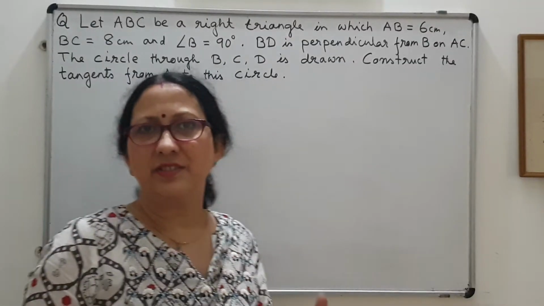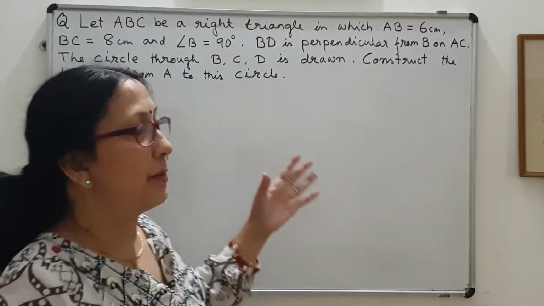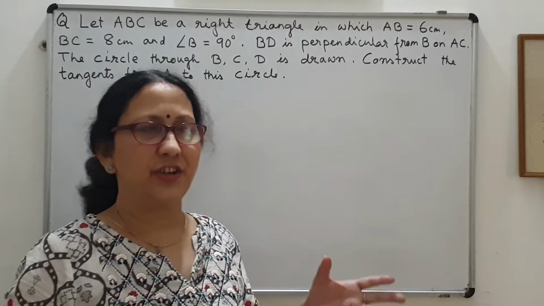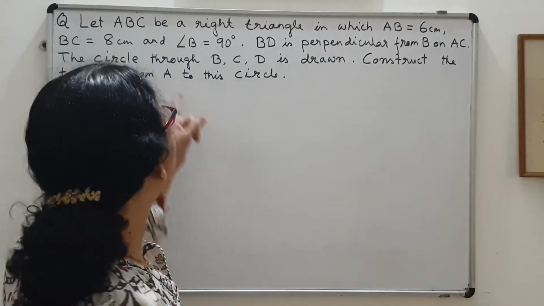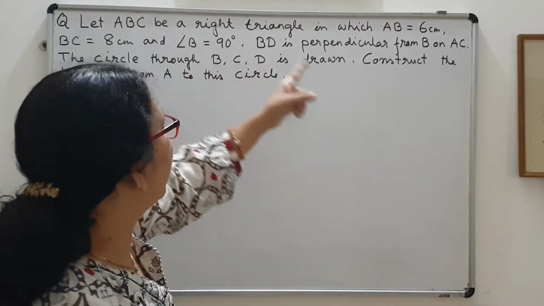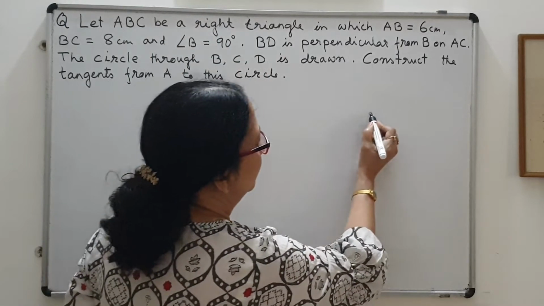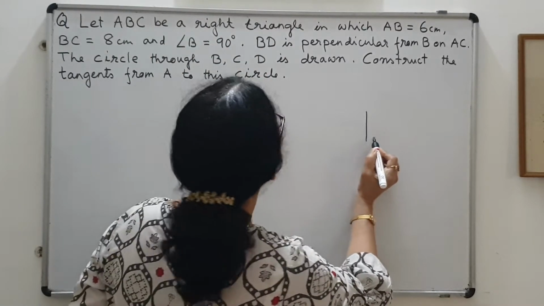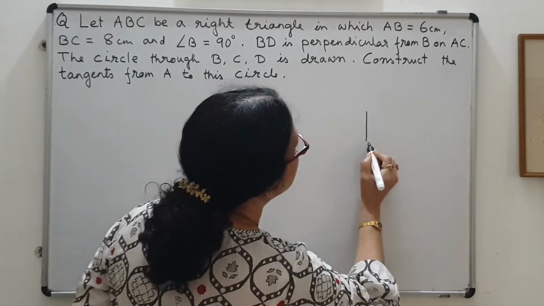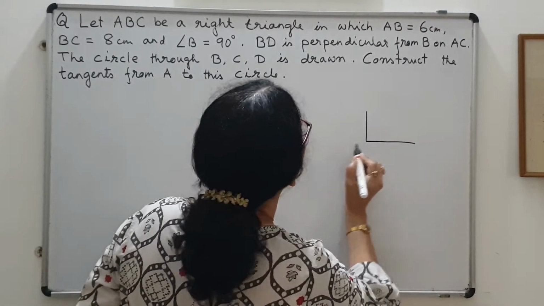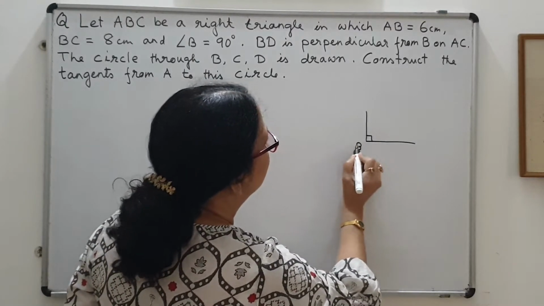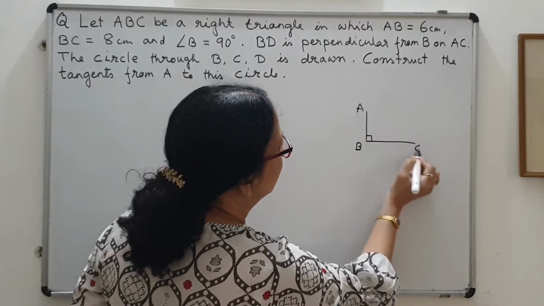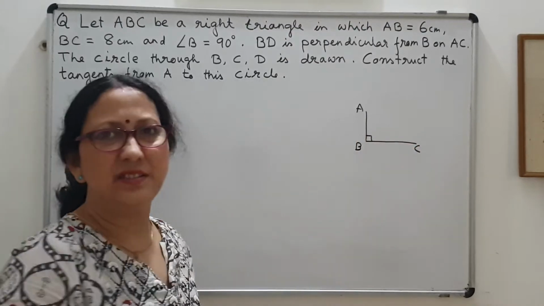So again, let me first understand the question, make the rough sketch and find out the planning for the construction. First of all, I have to form a right triangle like this. AB is 6, BC is 8, so BC will be longer, and angle B is 90 degree. This we can very easily construct.